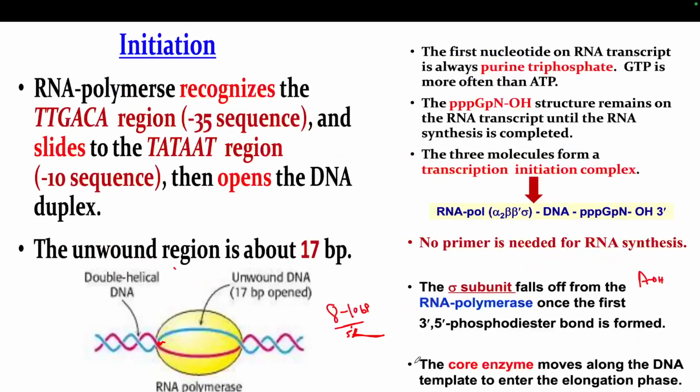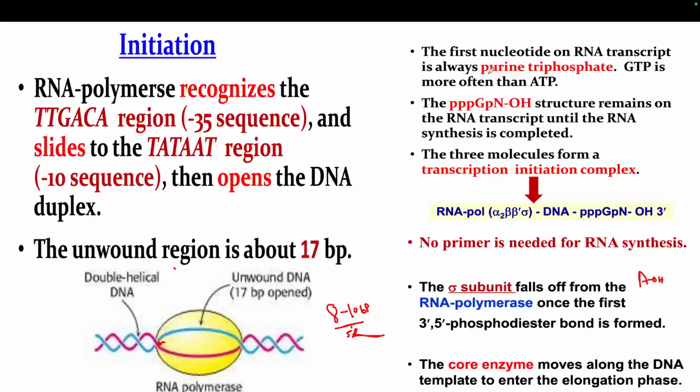In the first step, the initiation step, the RNA polymerase has the sigma factor which will recognize the promoter sequence. In the promoter there are two sequences, one is the -35 sequence and another is the -10 sequence, and these are consensus sequences.